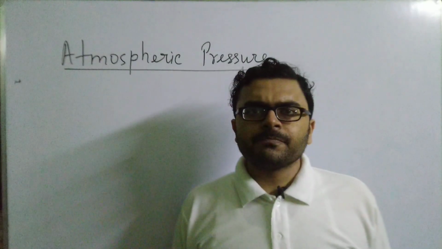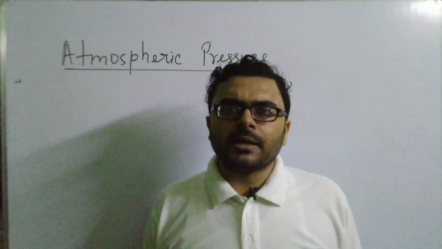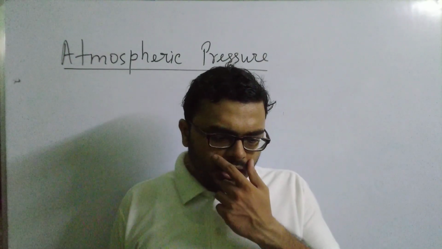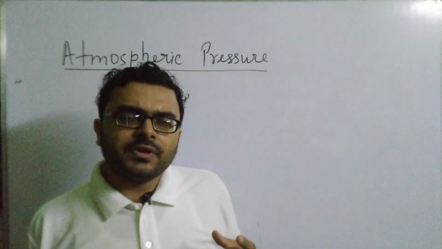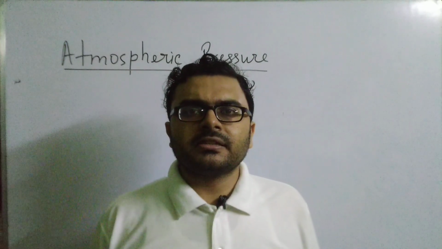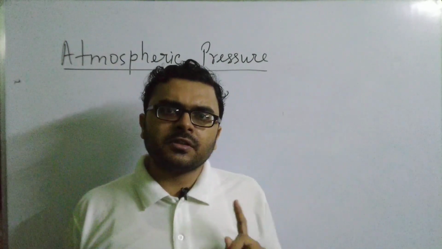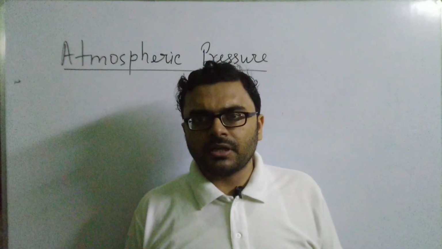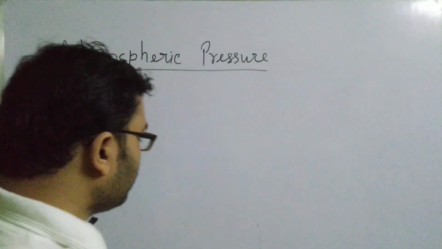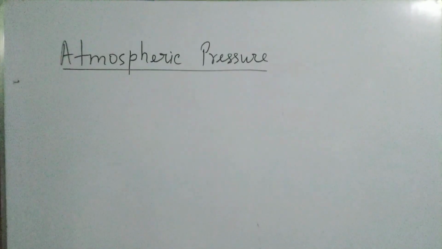Now think of the fact that our earth is surrounded by a layer of atmosphere, and that layer contains various gases. So definitely those gases must be exerting certain pressure on the surface of earth as well as on the various objects present on it. So what happens when we consider our earth?